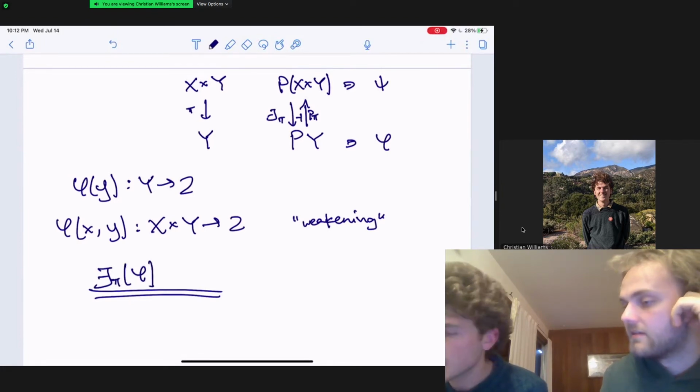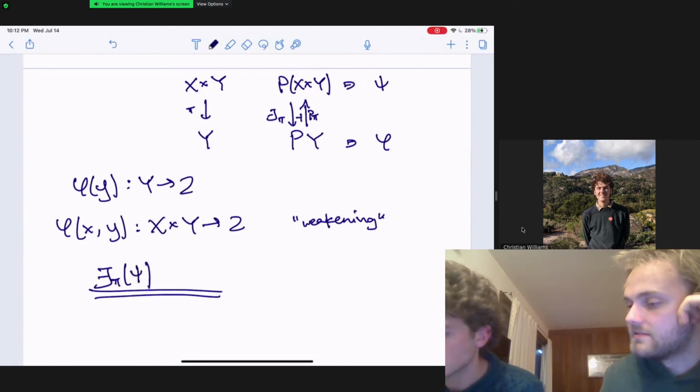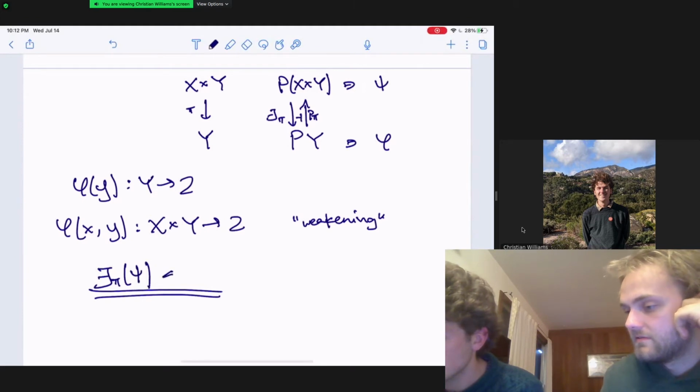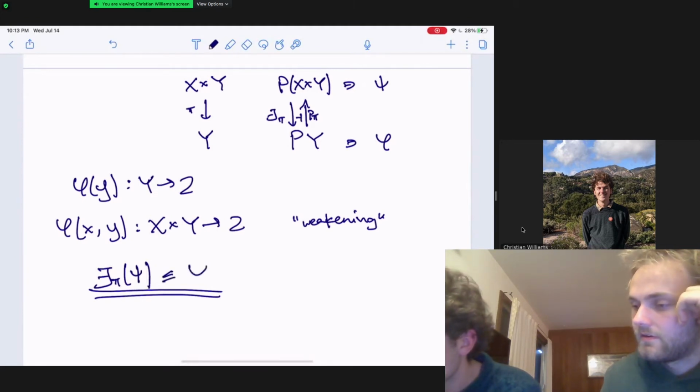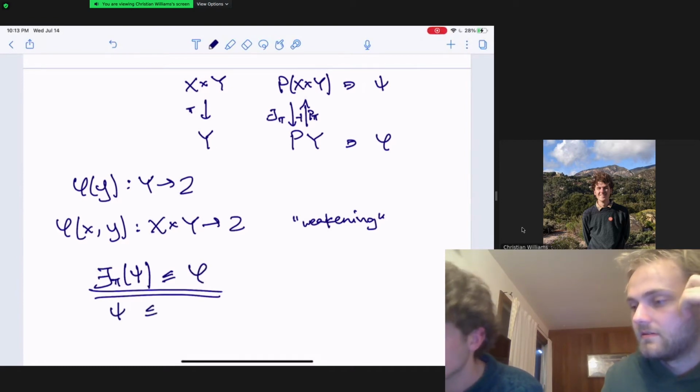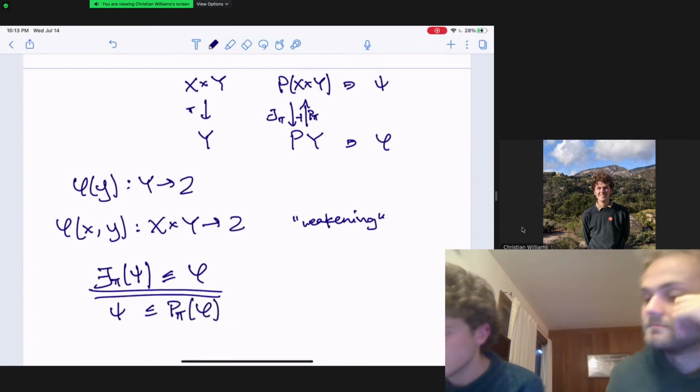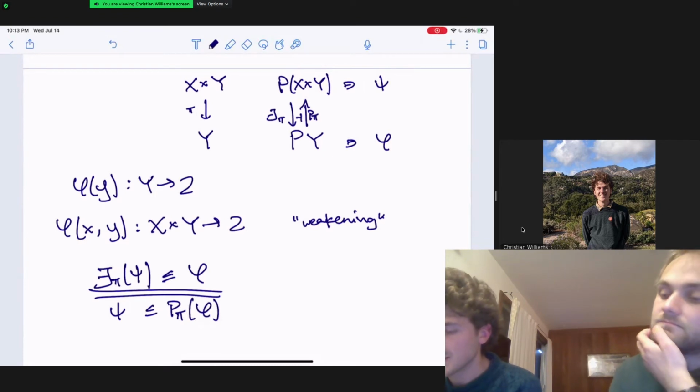Psi, yeah. Psi is less than or equal to phi if and only if psi is less than or equal to pi of phi. Yeah, there's a lot of similar letters going on.